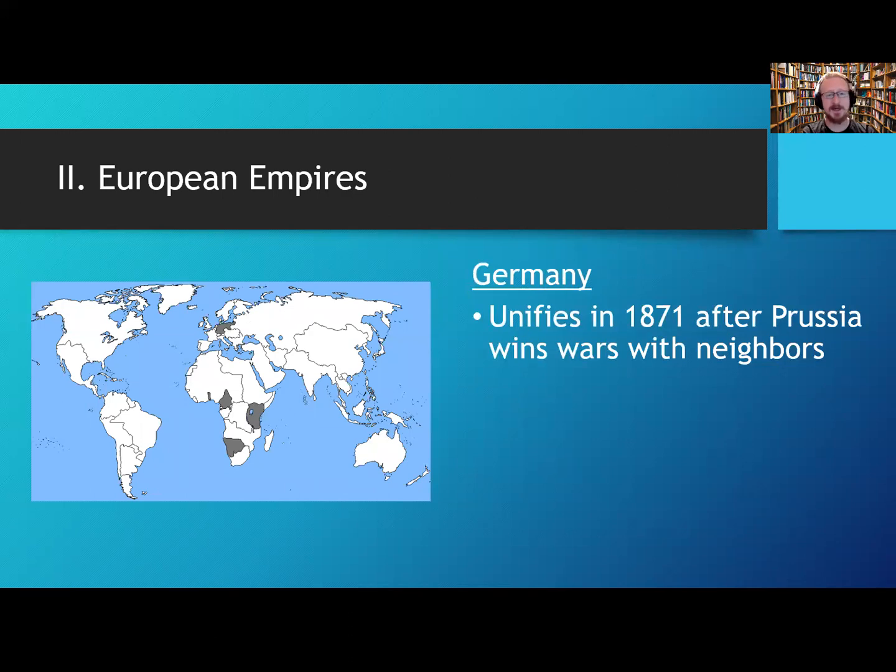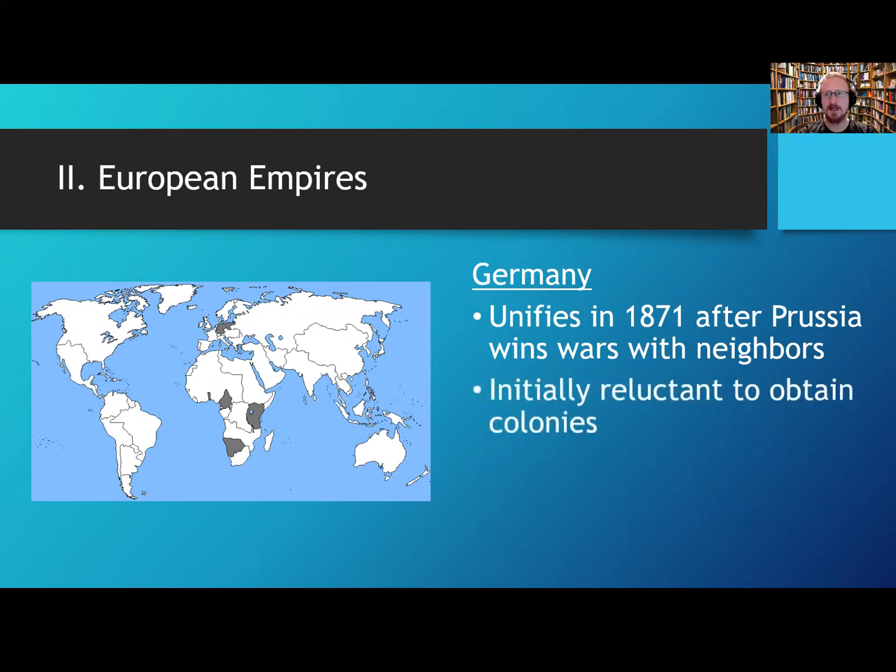But anyway, Germany unifies as a solid, united, pan-German country for the first time since Charlemagne in 1871. And it's after Prussia, which is the most powerful German state, wins a series of wars against its neighbors, and all of Germany just kind of voluntarily joins with Prussia in political unity as a result of these wars.